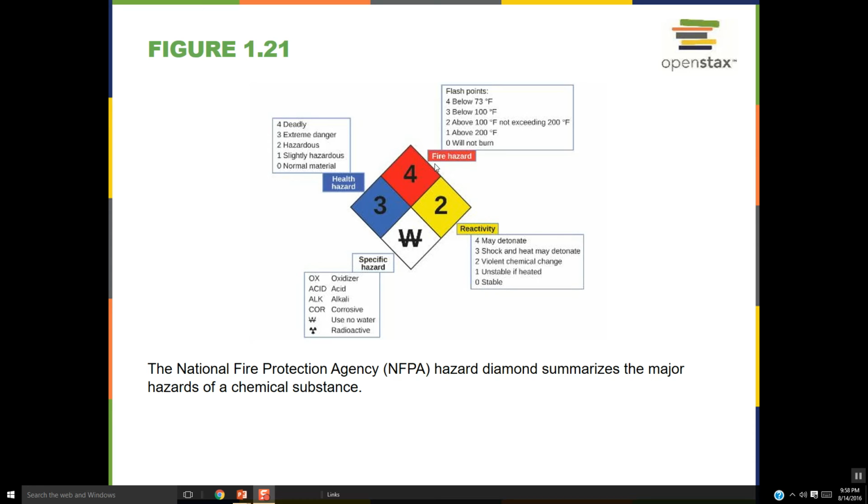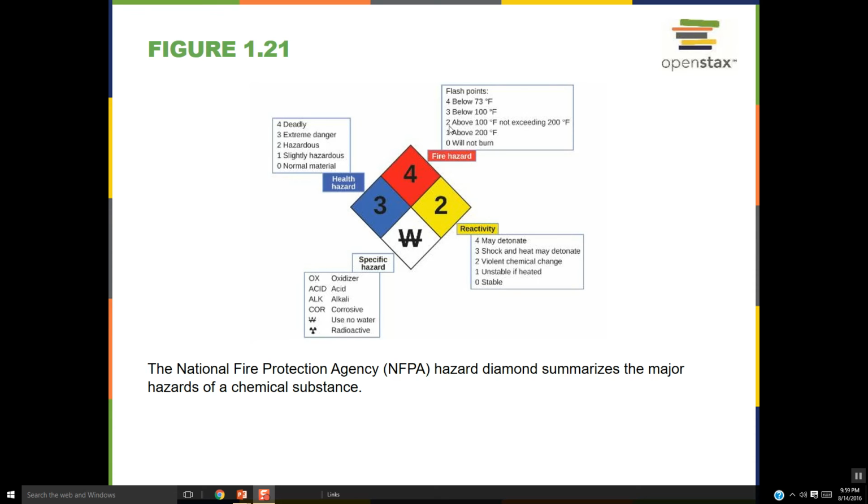If you look at the red block up here, the fire hazard, this is about flashpoints. If there's a 4 in here, it means it could burst into flames at a temperature as low as 73 degrees Fahrenheit. If it were a 3 in the box, it would be a slightly higher number, less risk, and it would not flash below 100 degrees Fahrenheit.